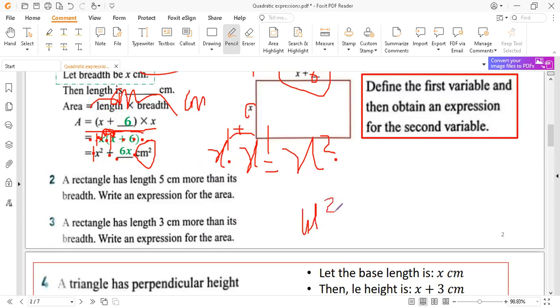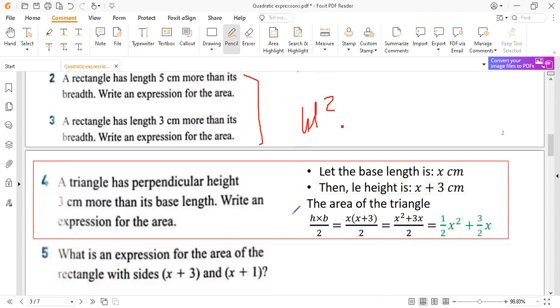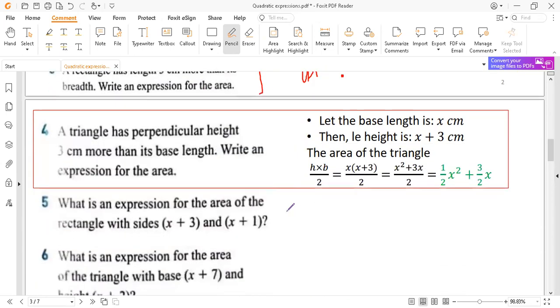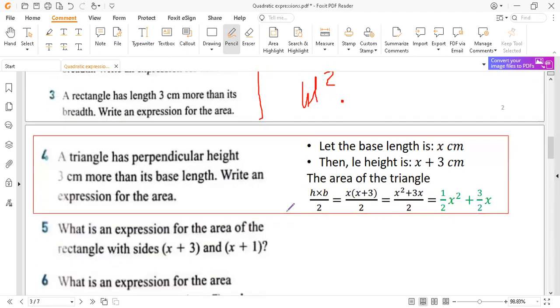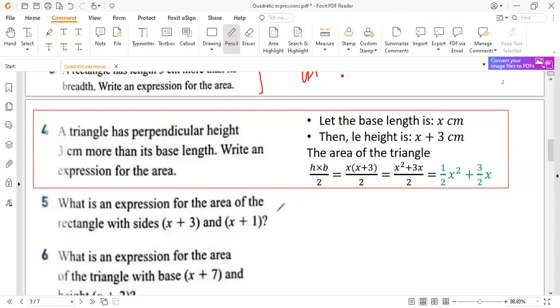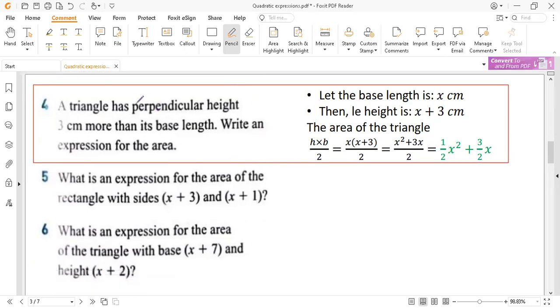Okay, good. And you can assess yourself with the remaining exercises, using the same method that we did in the first example. We have a triangle that has a perpendicular height 3 centimeters more than its base length.